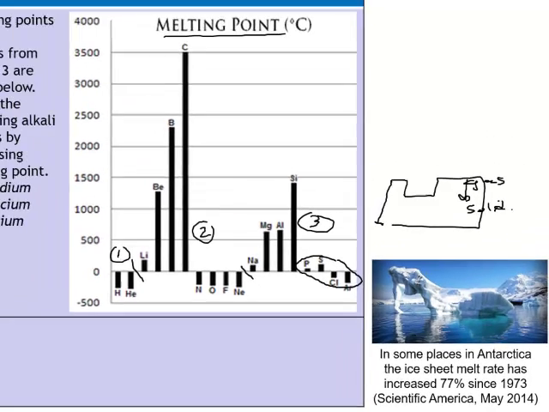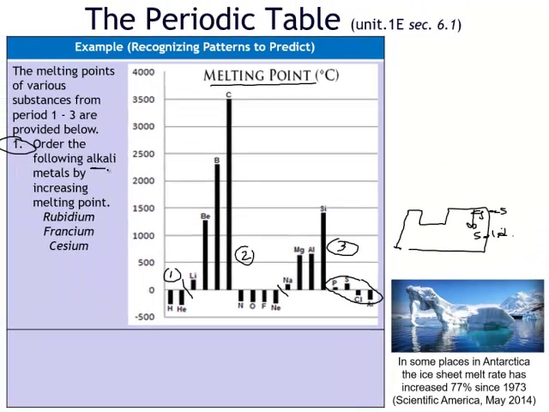Anyhow, the question is asking us to order the alkali metals by increasing melting point. So it wants to know what the highest melting point of these three is, and what the lowest melting point is. If we look at the alkali metals, here is one of them, lithium. Here's another one, sodium, and it seems that the melting point drops.